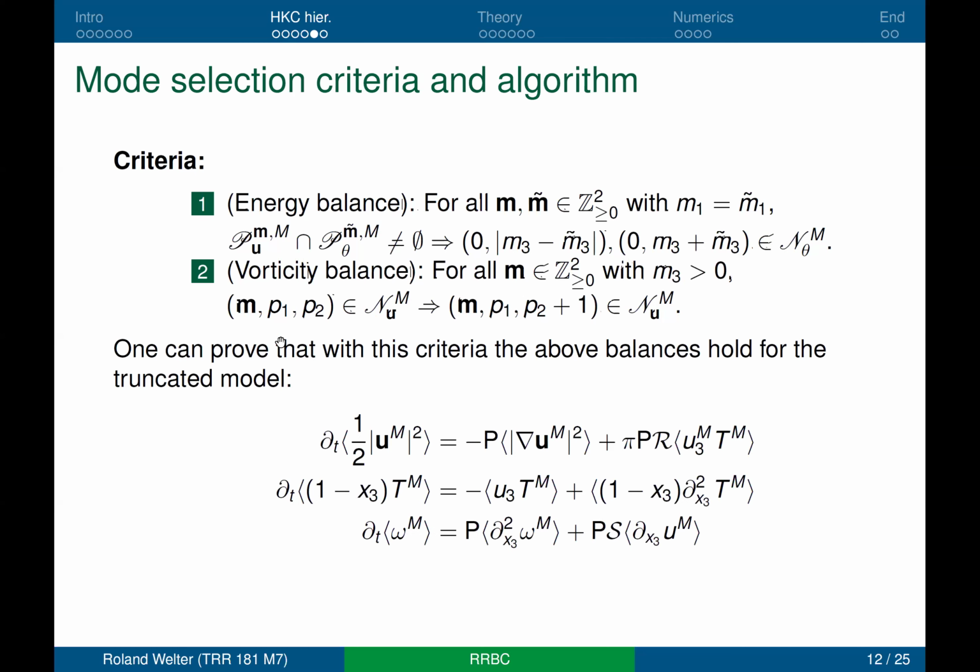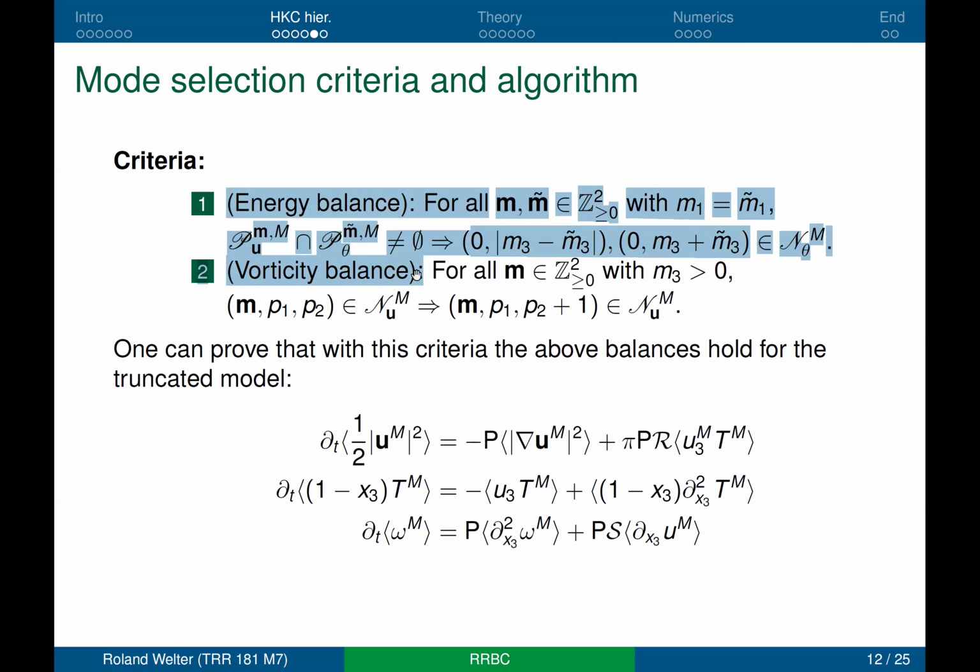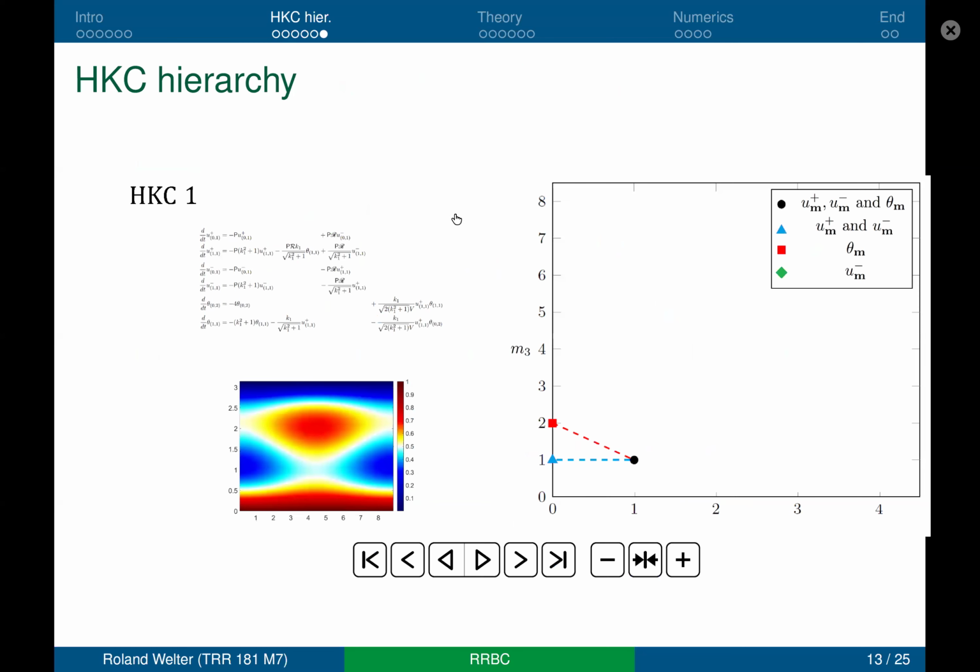With these mode selection criteria, any model that satisfies them will preserve the energy balances, so that this truncated kinetic energy will obey the same equation as the kinetic energy balance for the full PDE, and so on. To illustrate what this criteria looks like, I have here the first.